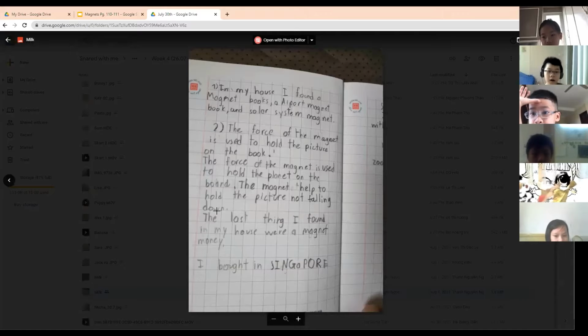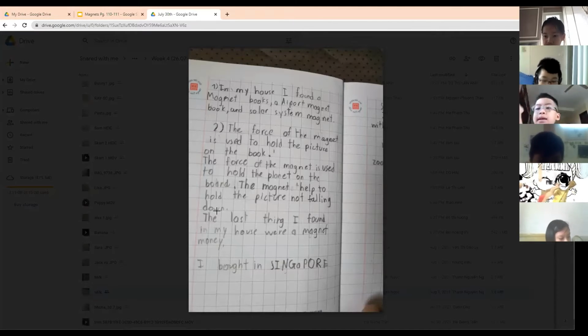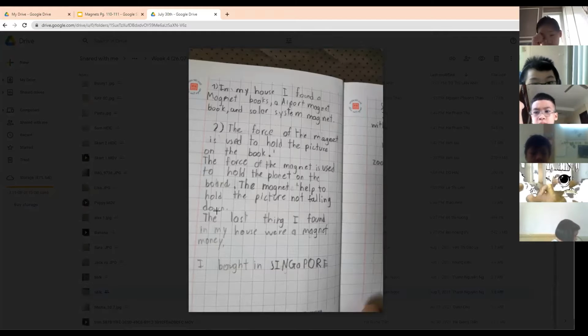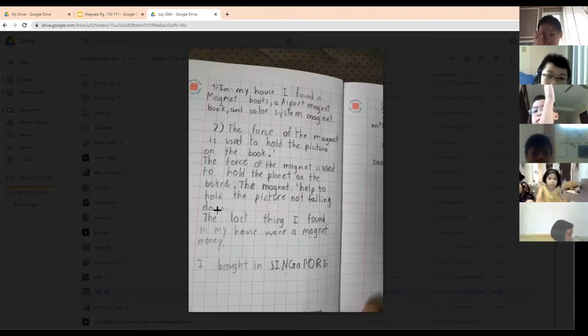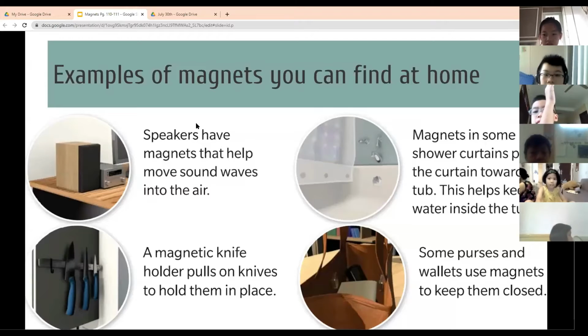He found a solar system magnet. They're used to hold a picture on the book and was used to hold a planet on the board. So cool. So you found one for your solar system and a book.